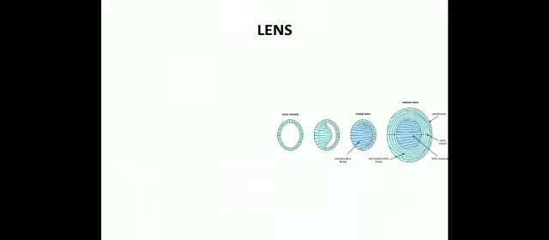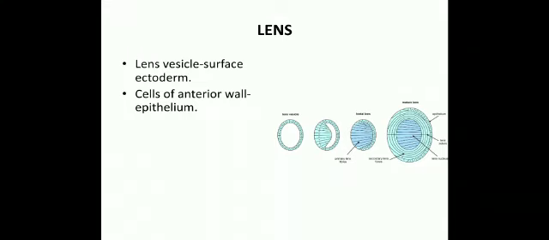Now, the development of the lens. The lens develops from the lens vesicle, which is derived from the surface ectoderm that is in close contact with the optic vesicle. Initially the lens vesicle is lined by a single layer of cuboidal cells.